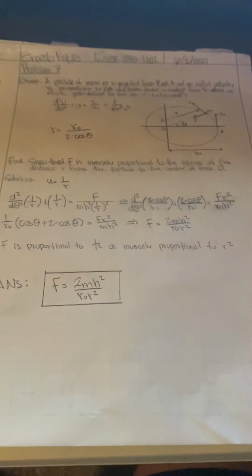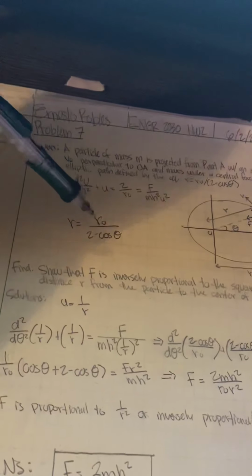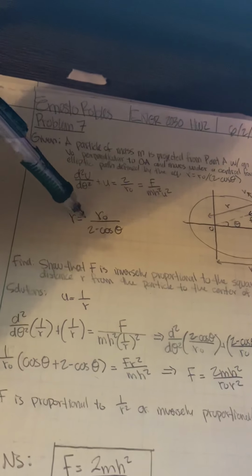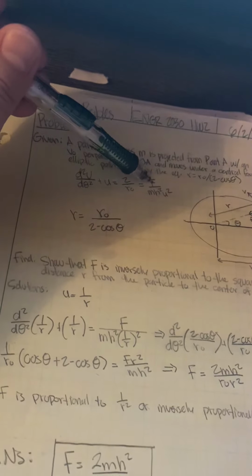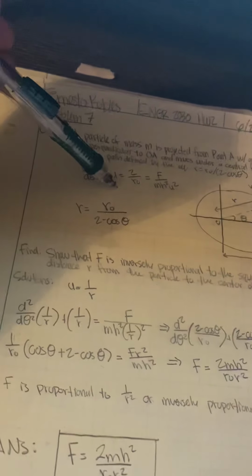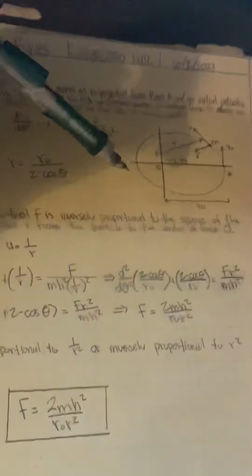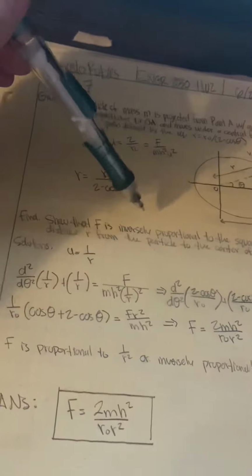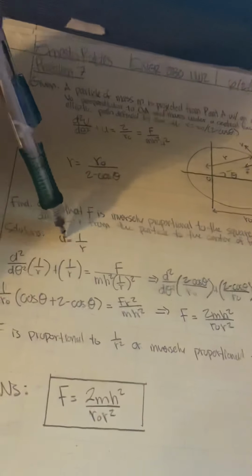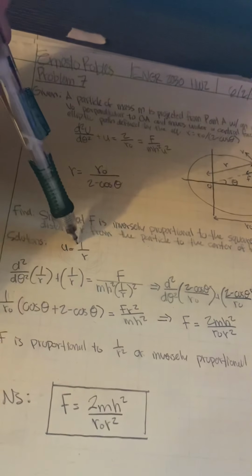And problem 7, we're given this figure right here, and we're also given this and this. It wants us to show that F is inversely proportional to the square of the distance R from the particle to the center of the force O. We know this from the textbook or the PowerPoint slides.